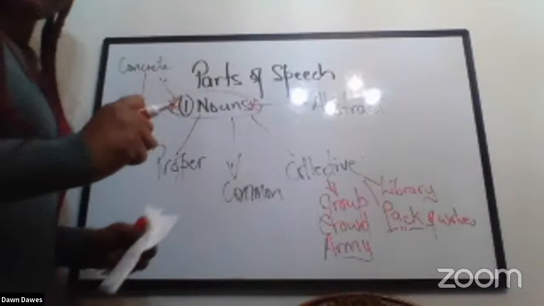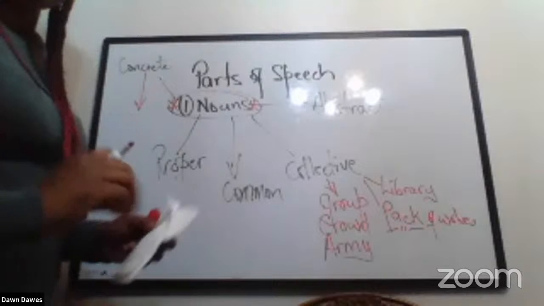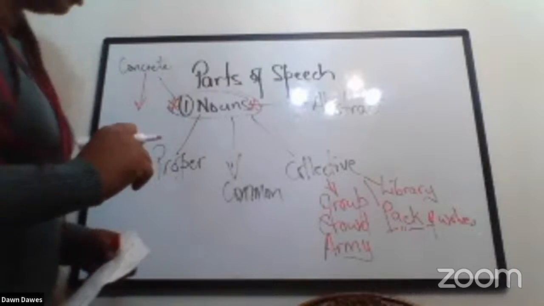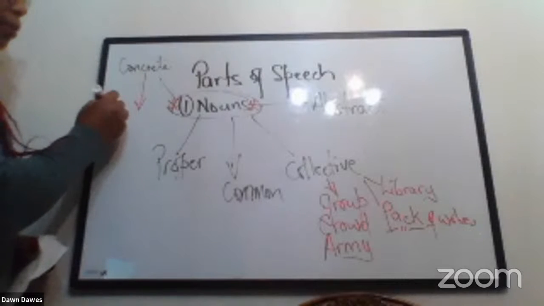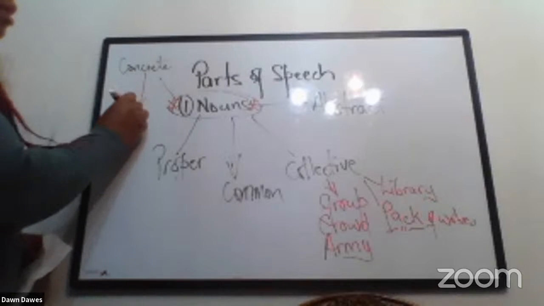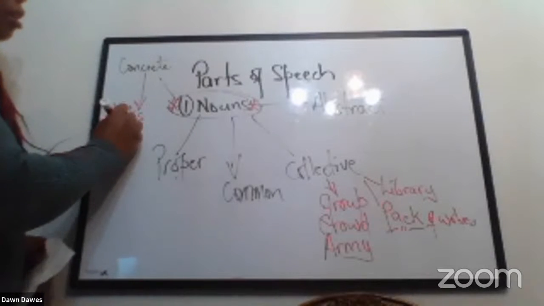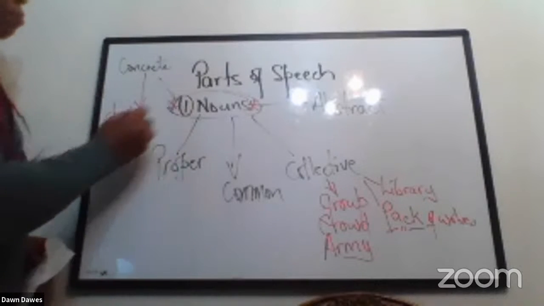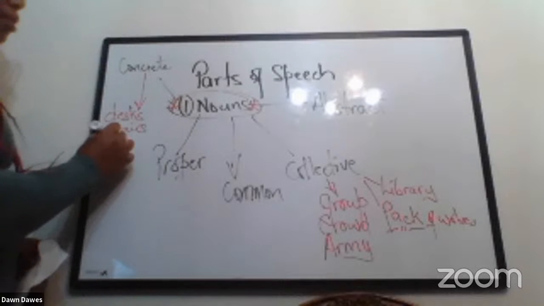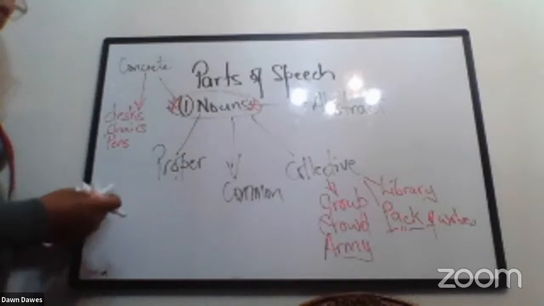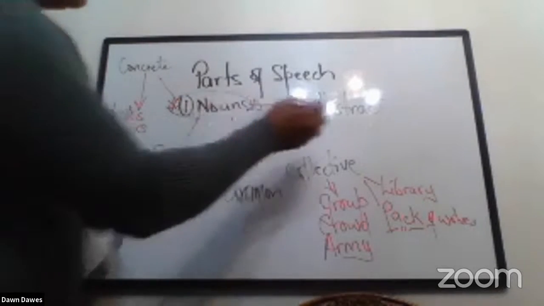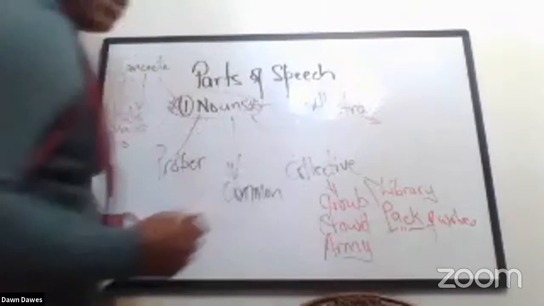So these are things that, as the name suggests, we can hold and touch. So concrete, we would have desks, chairs, pens, etc.